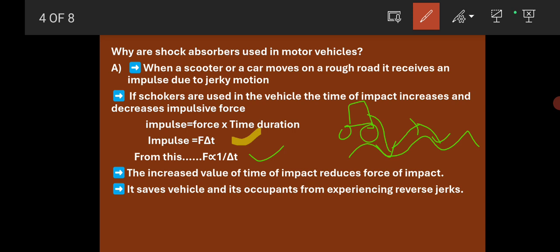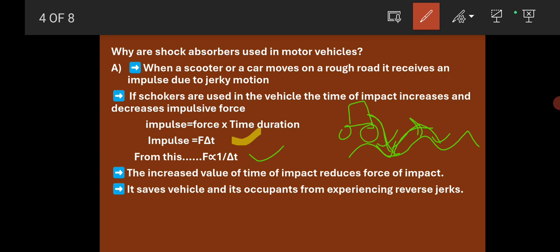So what happens? When the vehicle moves on such uneven roads, a force of impact is created between the road and the tires. As the driver or persons are sitting on the seat, through these tires that force of impact will be applied on the person.